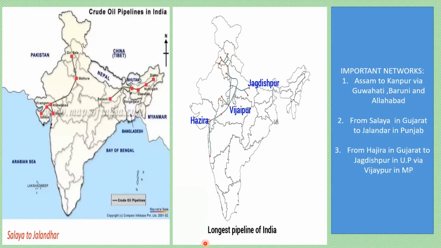The three important networks: number one, Assam to Kanpur, via Guwahati, Barauni, and Allahabad. Number two is from Salaya in Gujarat to Jalandhar in Punjab. And the third one is from Hajira in Gujarat to Jagdishpur in UP through Vijaypur in MP.